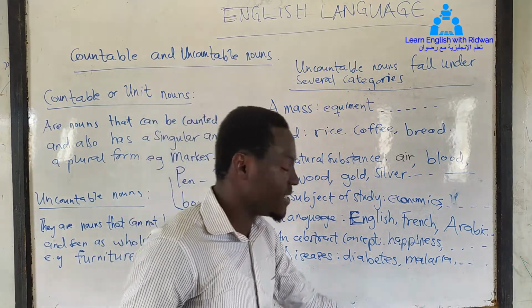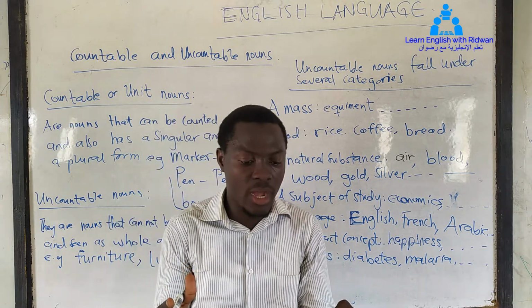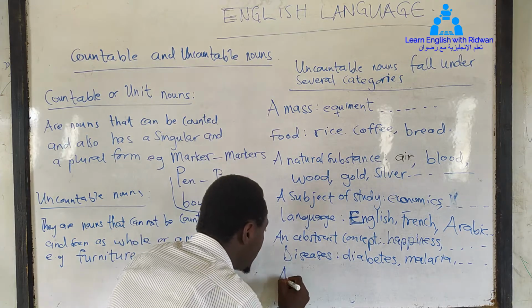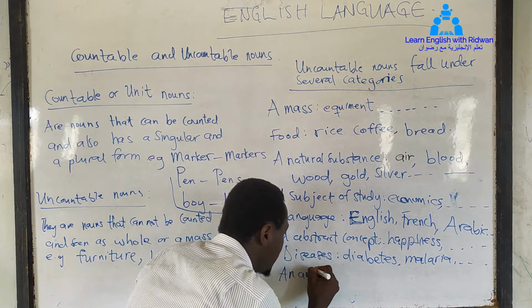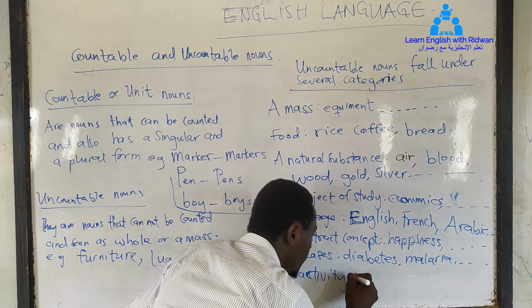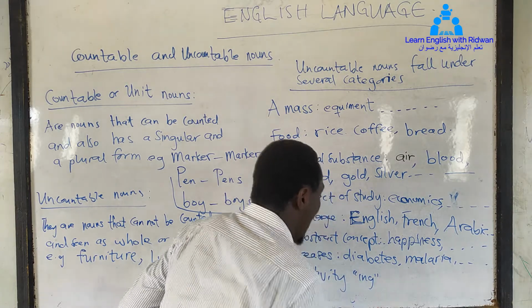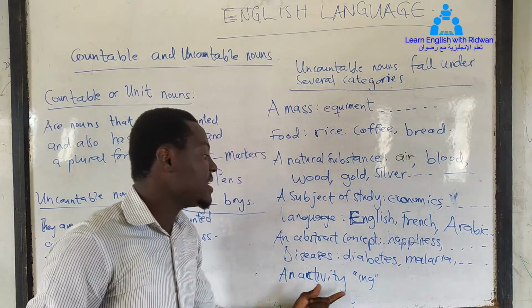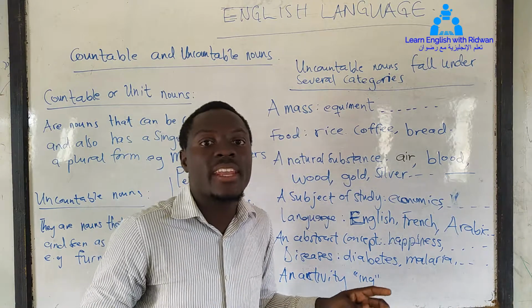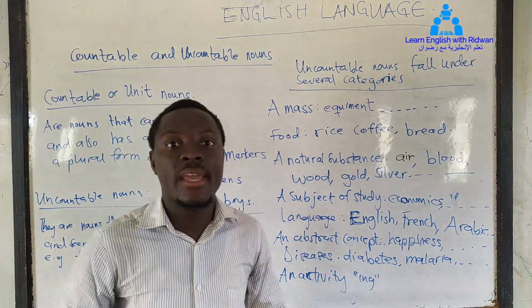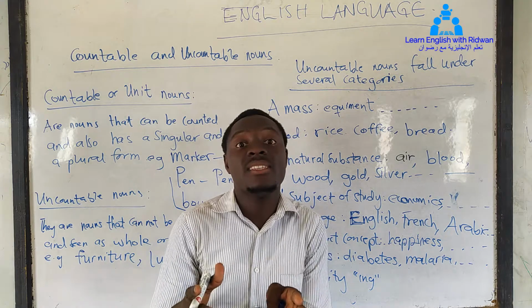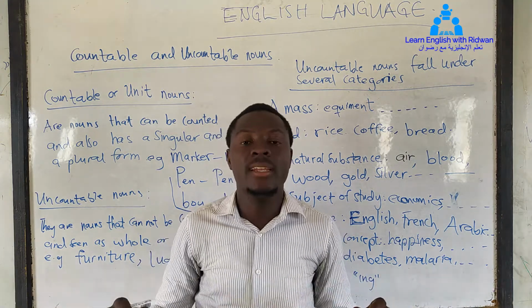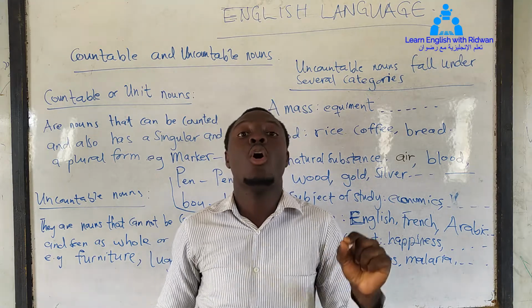So we have diseases. Now we also have what is the name? An activity in the ING form. All activities that have ING at the end, that is words that have ING at their end, are also classified and said to be uncountable nouns.